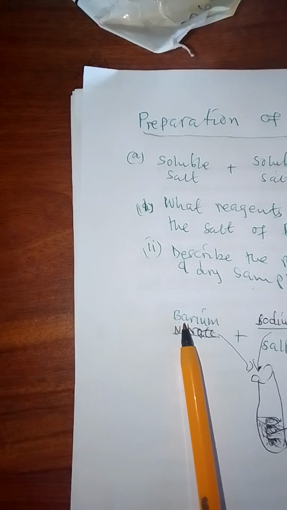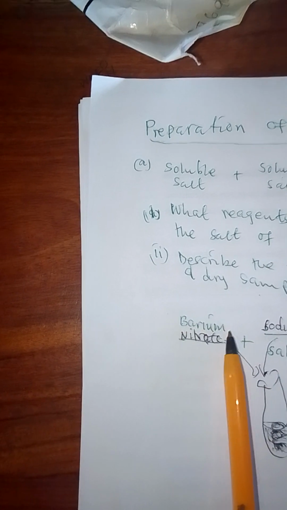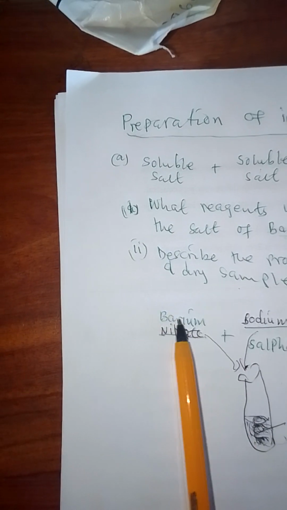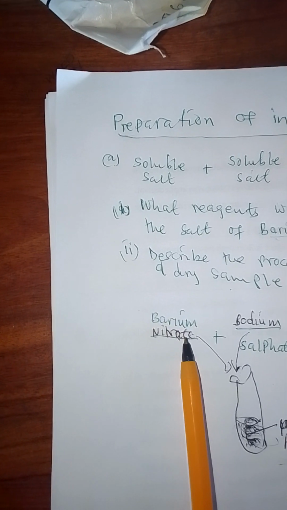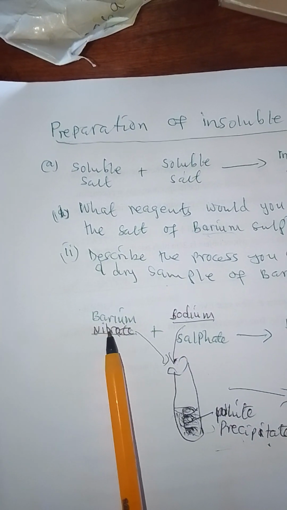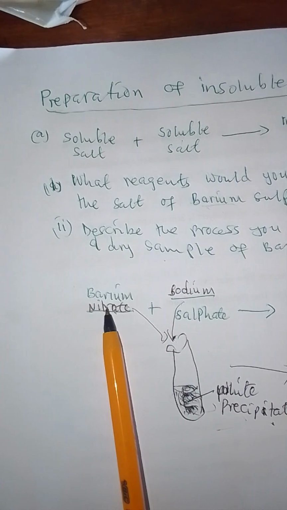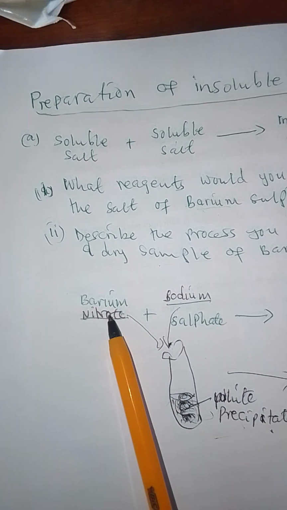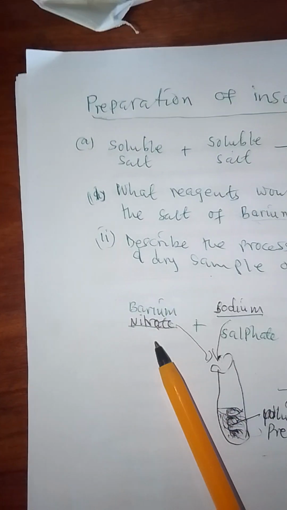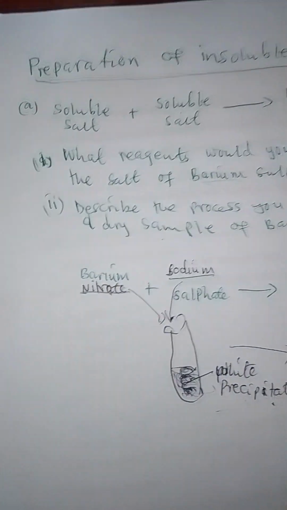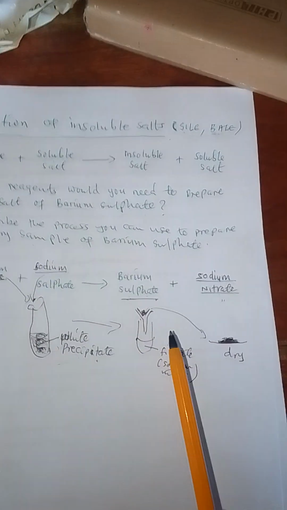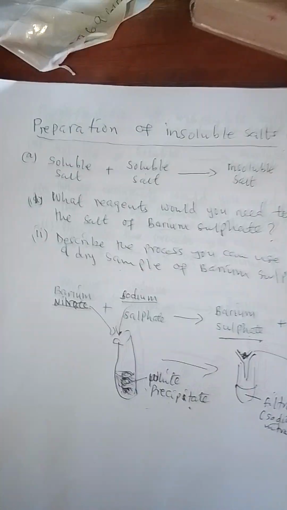You can use barium and an anion that is soluble for barium, like barium chloride is soluble. You can use barium chloride if you want. Barium nitrate and others, there are other barium compounds that you can use. Okay? Otherwise, this is a precipitation method that we use to prepare insoluble salts.